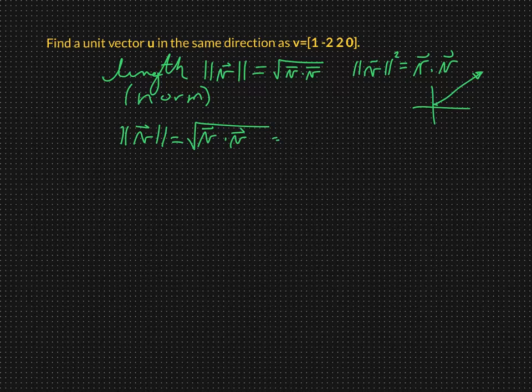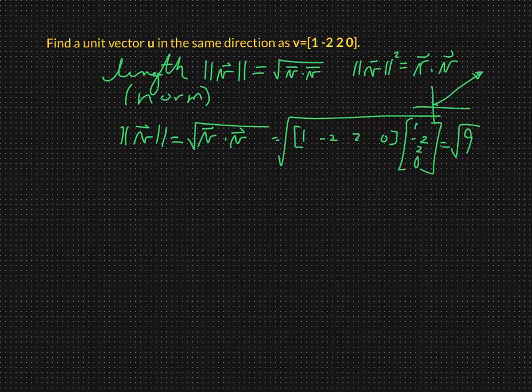In this case, that would be 1, -2, 2 times 1, -2, 2. So we have 1 squared plus -2 squared plus 2 squared, and that turns out to be 9. Then we take the square root of that, and so the length of our vector is 3.